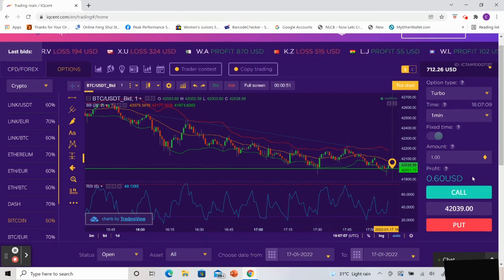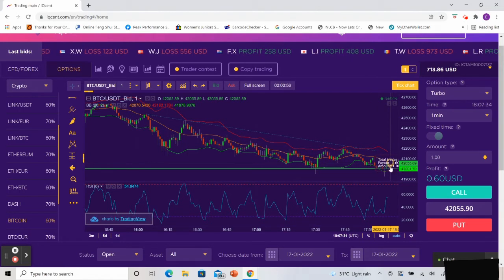All right, so there you have it. This is how you set up your actual trading platform in order to do your analysis and determine the direction, or the probability of the direction, that the market intends to go. And of course, you can enter your trade based on time.